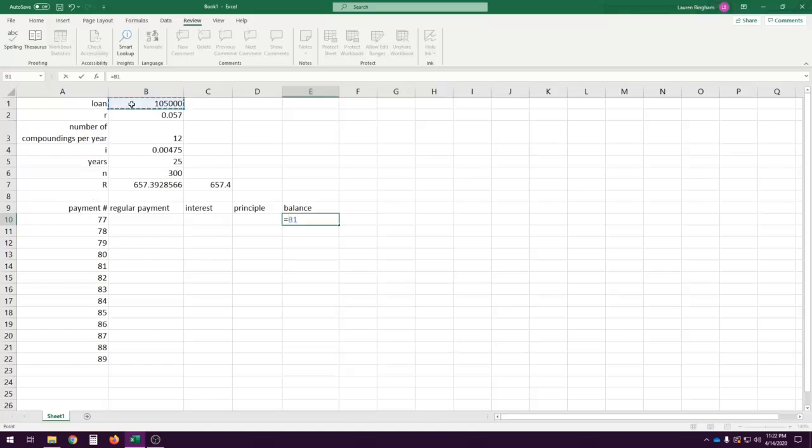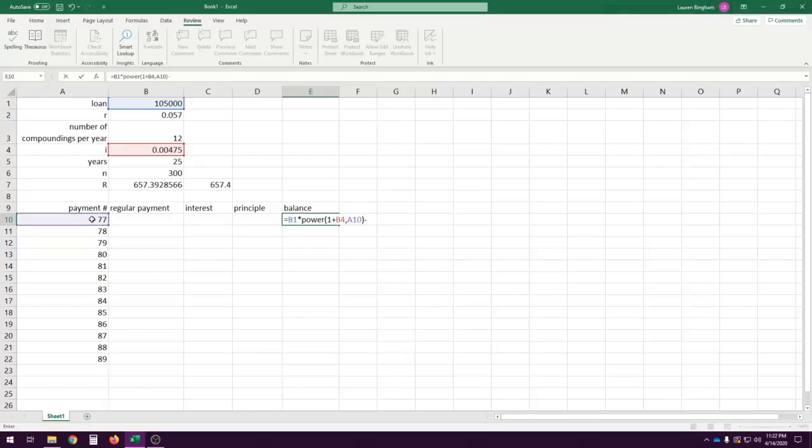So I'm going to take the loan and multiply that, but again we're taking something to a power, so we use the power function, and then we do 1 plus our I to the 77th power. By using the cell we can change it whenever we're ready, which is really nice.